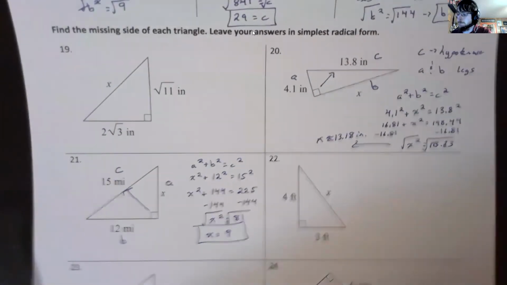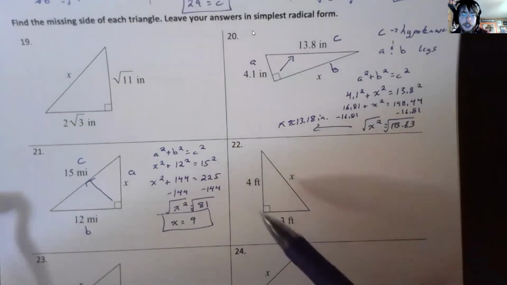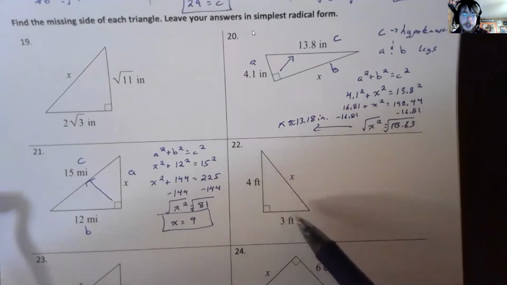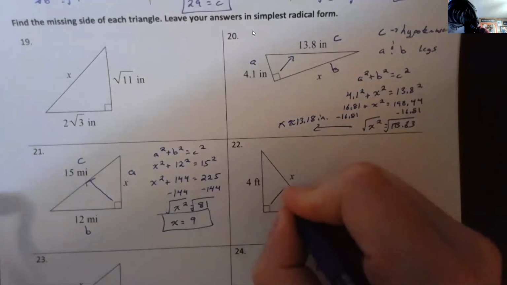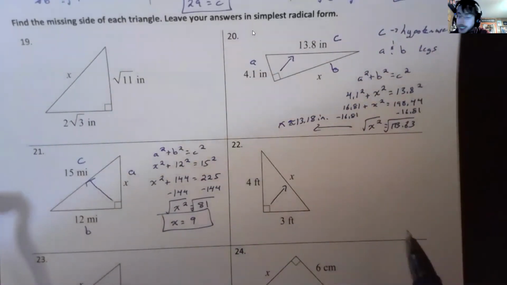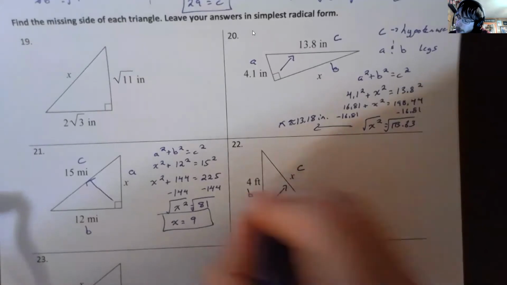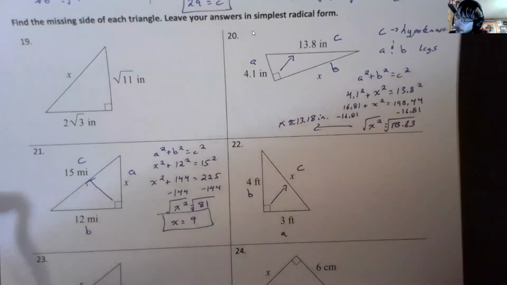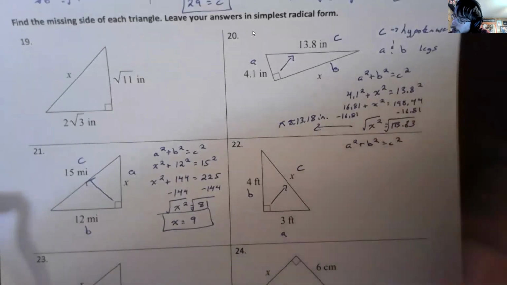Number 22. In number 22, we have numbers next to the sides that connect the right angle. So that means that we have both of our legs, but we do not have our hypotenuse. As you can tell, the side with x is opposite the right angle. So x would be our C value, 4 would be our B value, and 3 would be our A value. So A squared plus B squared equals C squared.